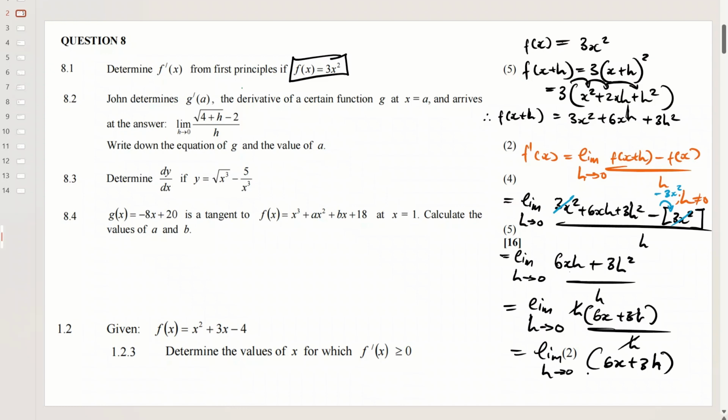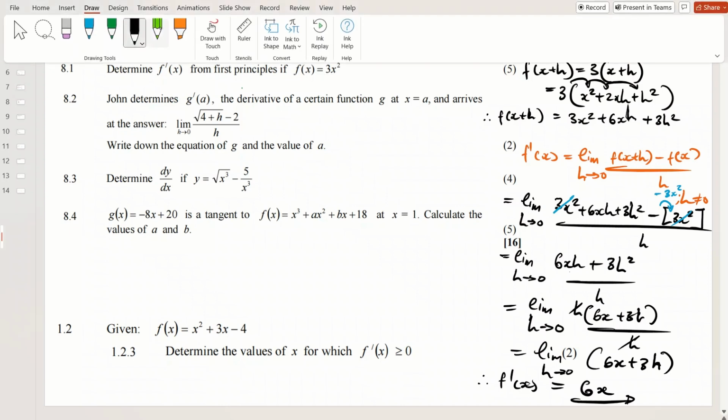In the place of h, we are replacing with 0. So now that's going to be 3 multiplied by 0. That's 0 there. So now 0 plus 6x, it is just 6x. So drop the limit. Now your derivative from first principle, it is just the remaining part, 6x. Understand? So now this is the derivative from first principles. So now let's take a look at the next question.